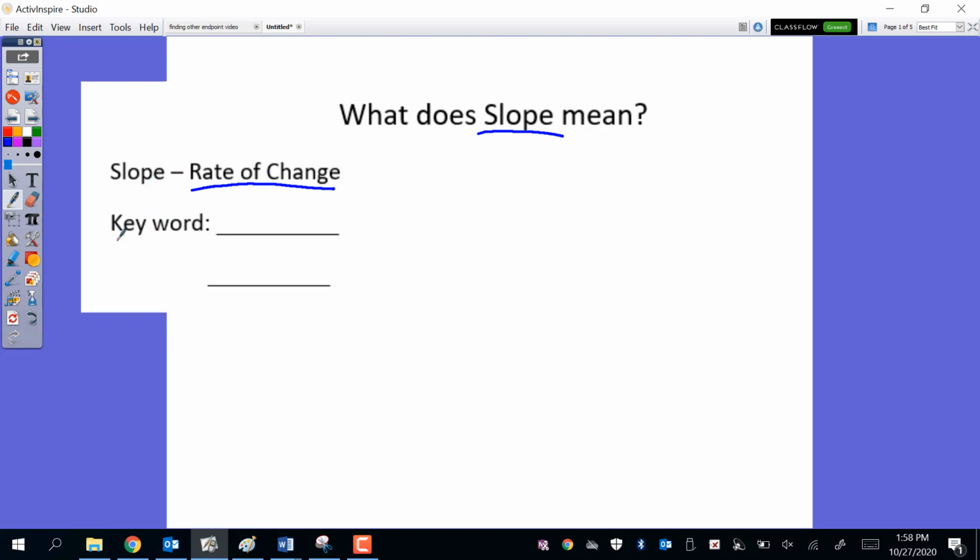Okay. Some keywords, so like our keywords for y-intercept was the starting or initial number. So our keyword for slope is going to be per, because our slope is how the graph is changing. It's not a specific place.